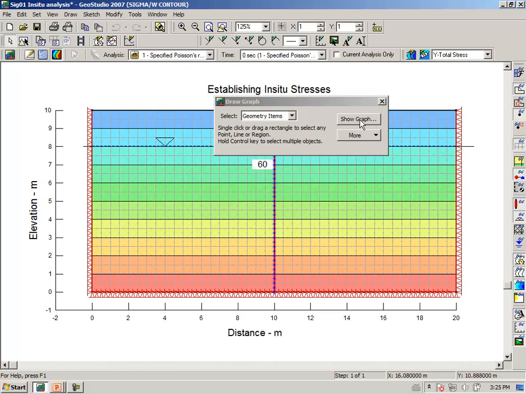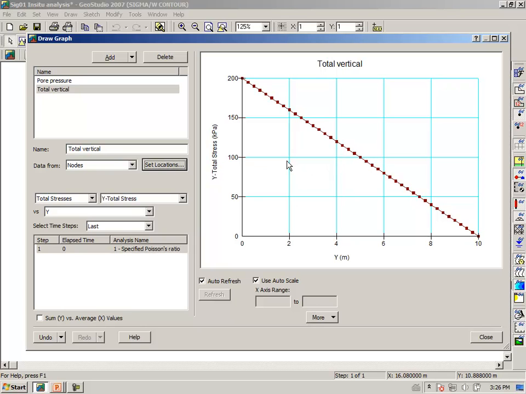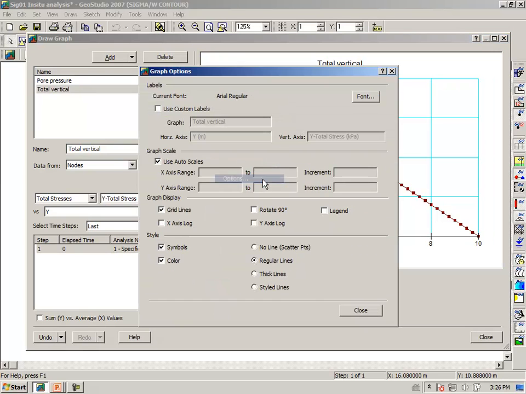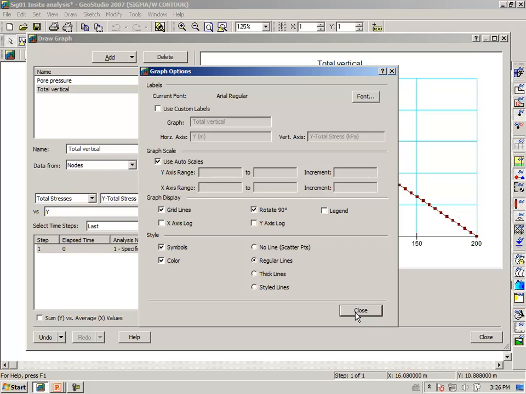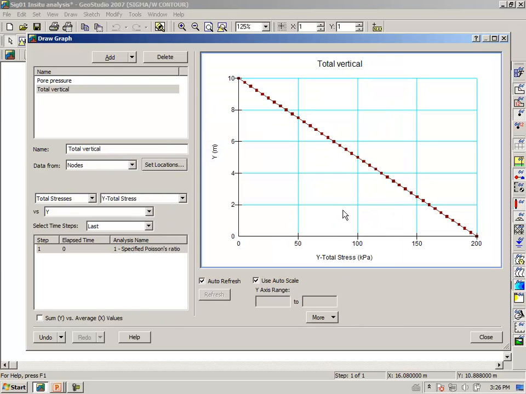We can show the graph, once again rotating the graph such that we get Y on the vertical axis. So now we have the total vertical stress.